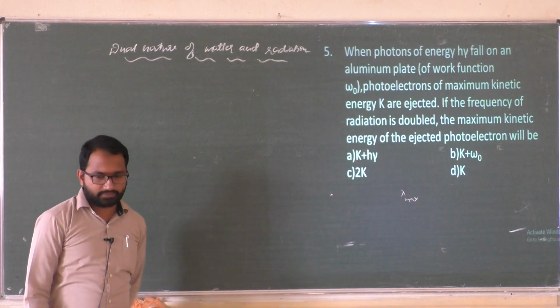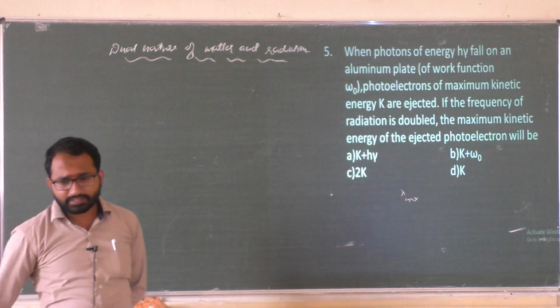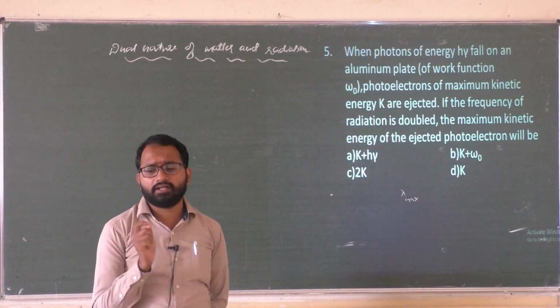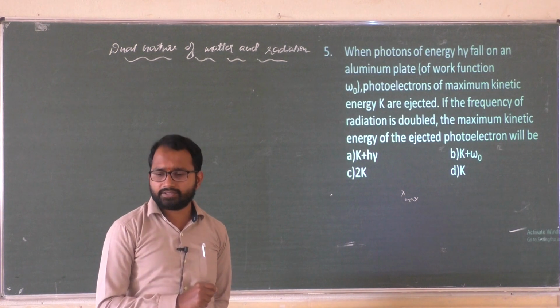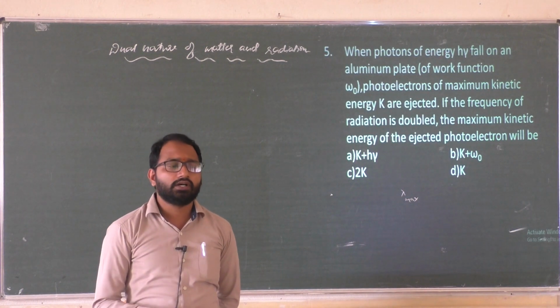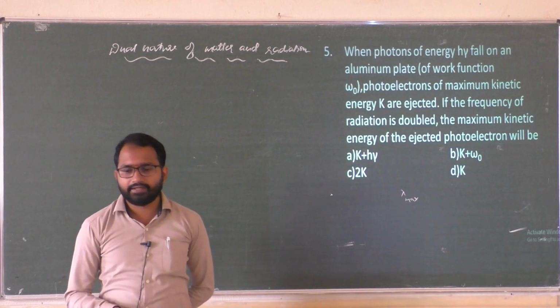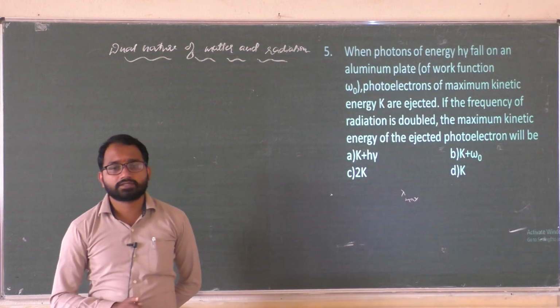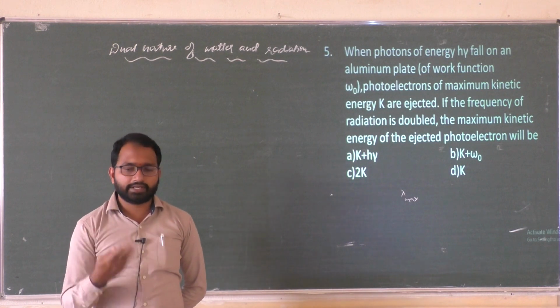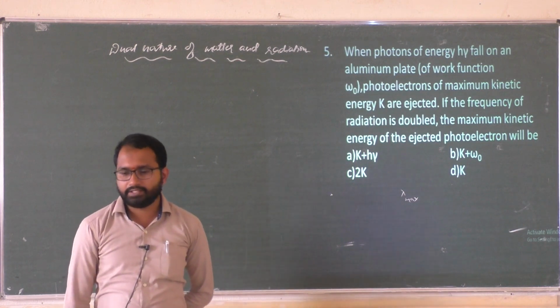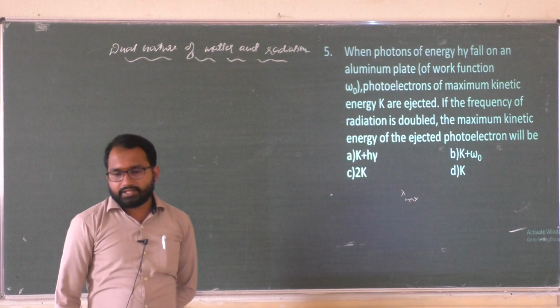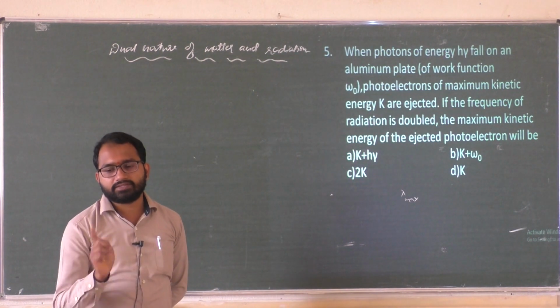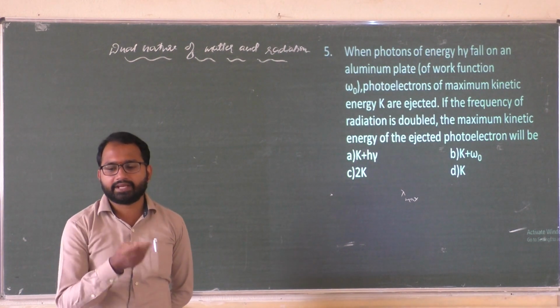See the options, 4 options. First option is K plus h nu. K is the initial value of maximum kinetic energy of emitted photoelectrons. If the frequency of radiation is doubled, let the maximum kinetic energy of the ejected photoelectrons be K dash.